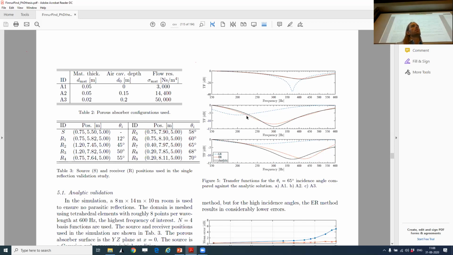But the point in his paper is not to study extended reaction, but for the case he's studying, it's an exact solution. You're doing something else.